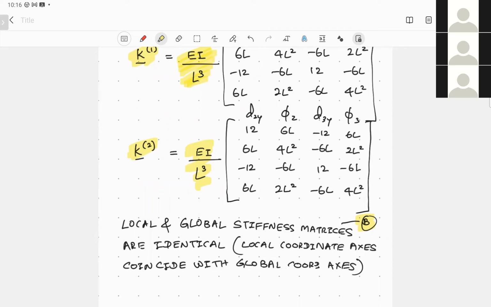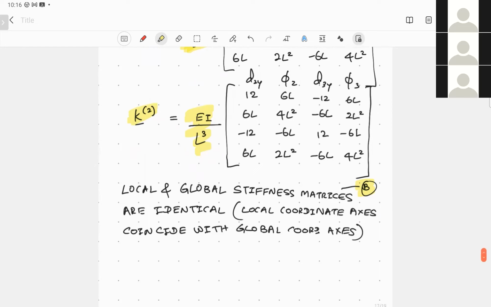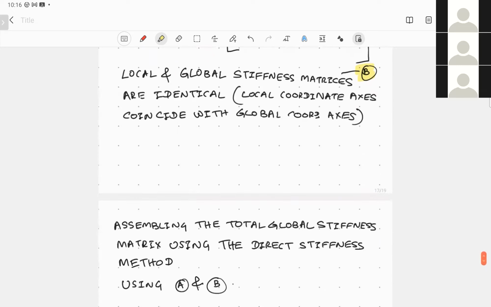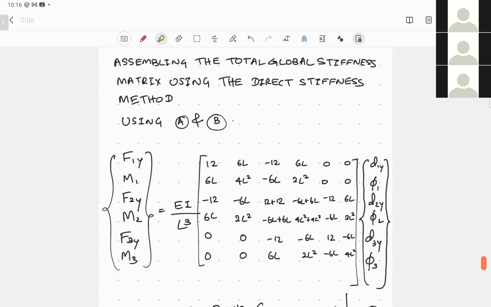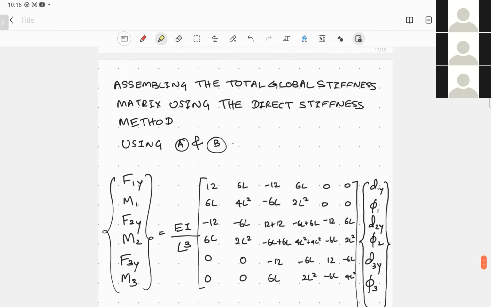Of course, we can simply skip these hat symbols and directly use the symbols without the hat sign. And interestingly, we have done nothing new. Write the global coordinate systems, and using the direct stiffness method, you can construct the global stiffness matrix using equation A and B.